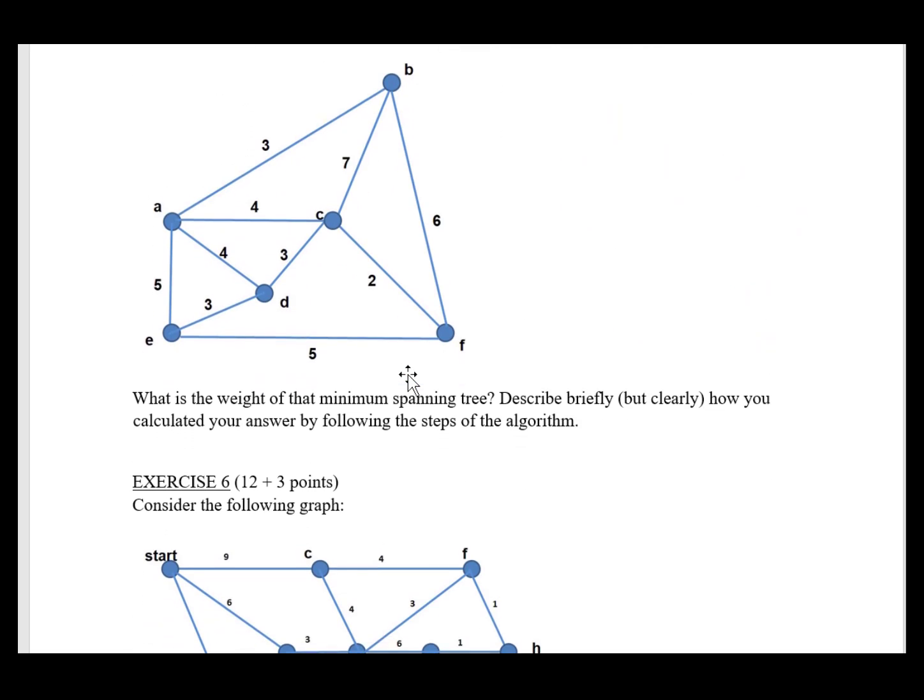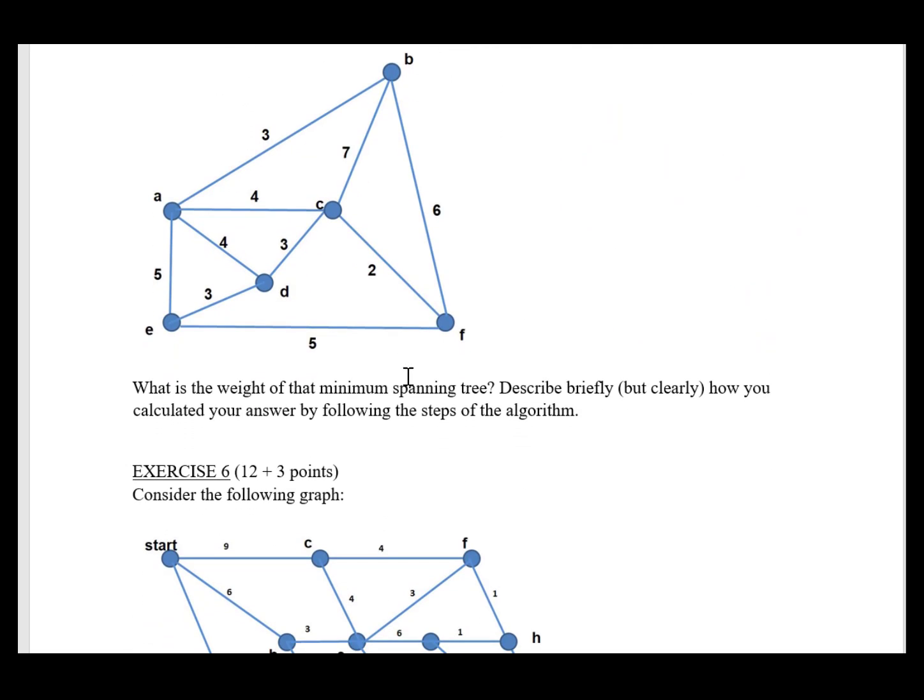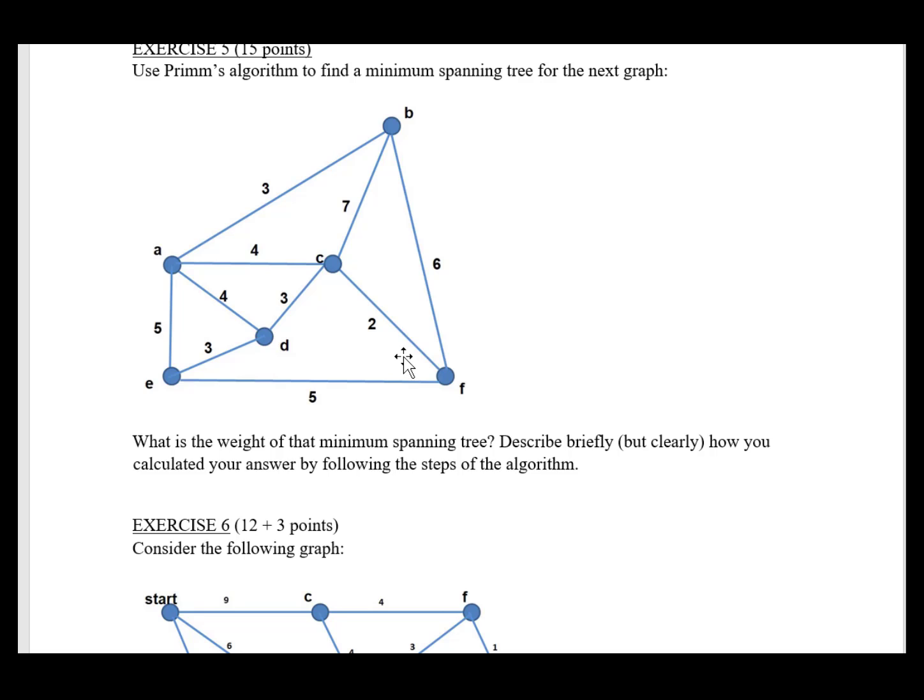Next exercise, we have the same graph, but now we need to calculate the minimum spanning tree with the help of Prim's algorithm. That's a little bit different from Kruskal. It's a little bit easier to code, and in fact you start the same. You take the edge with the lowest weight, CF, and then you add an edge, but the edge needs to be connected to the ones you already have in your spanning tree so far.